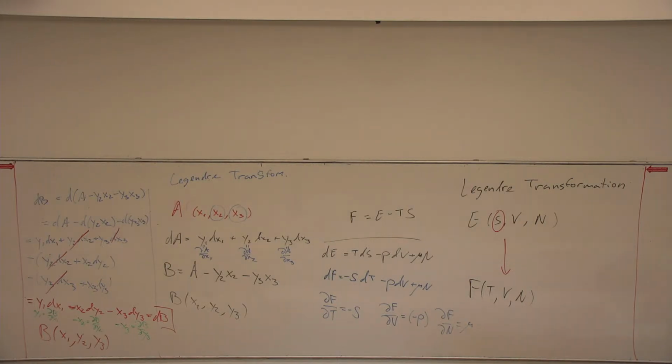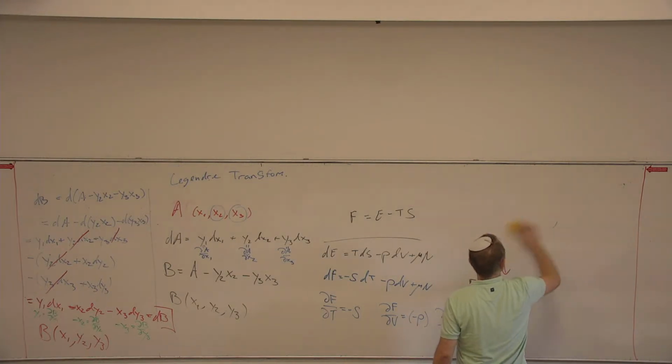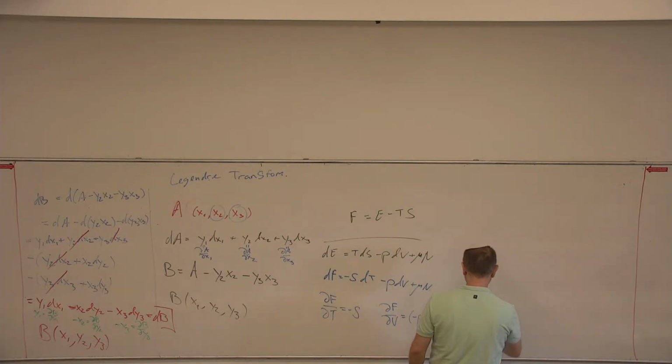Now, the moment that you do it, you obtain all these thermodynamical potentials that we have written before. Let me recap this too. So what we have are the following thermodynamical potentials.